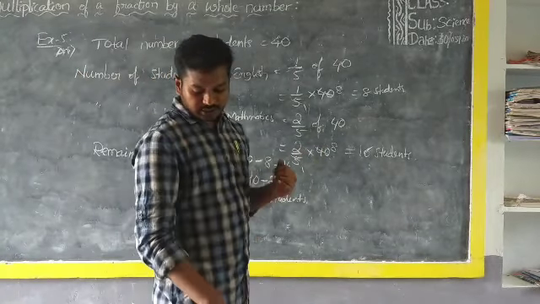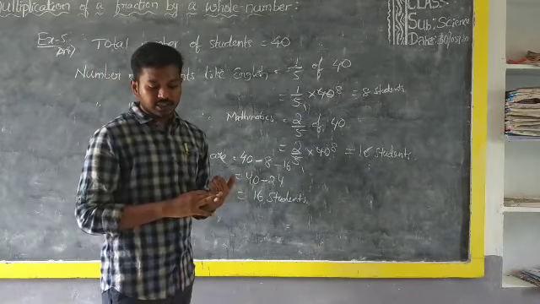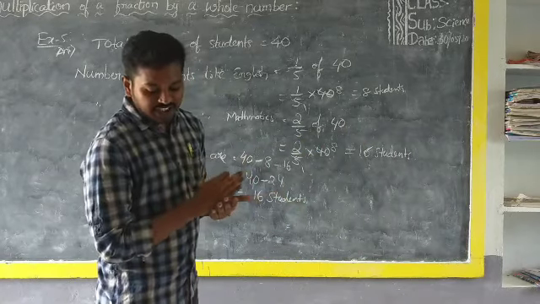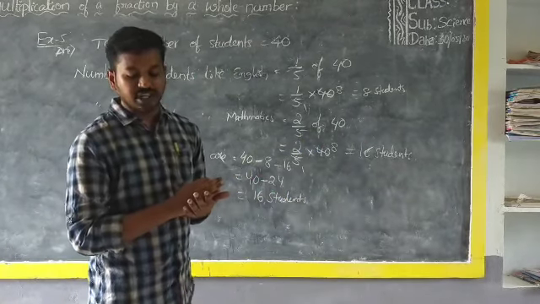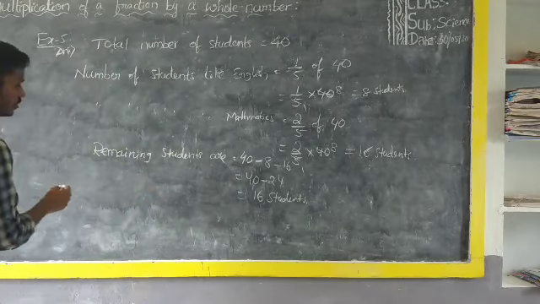Here, how many students like to study English? 8 students. How many like to study mathematics? 16. And what fraction of the total number of students like to study science? So we need a fraction.